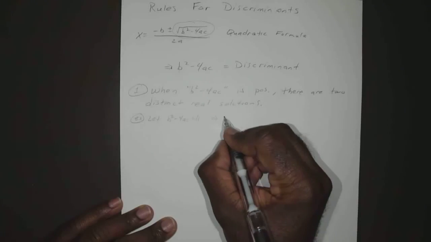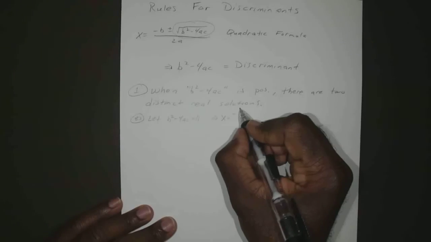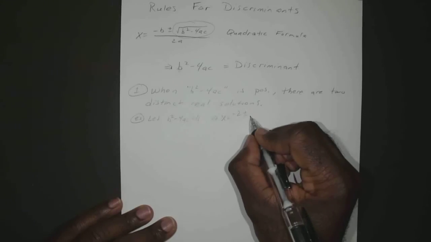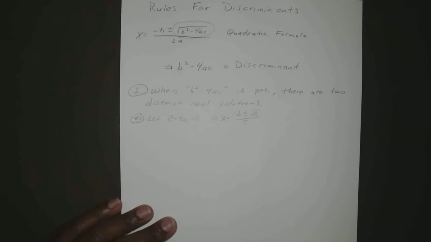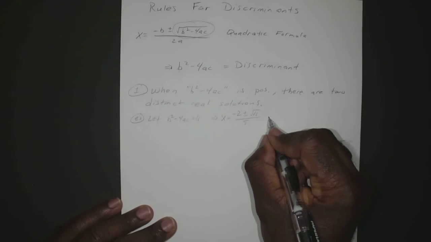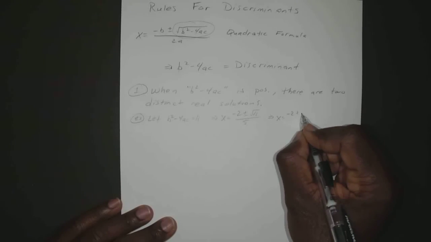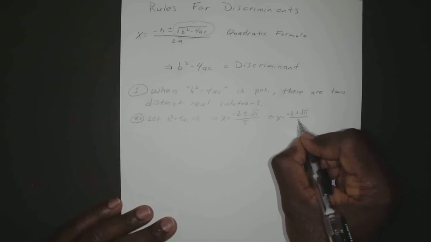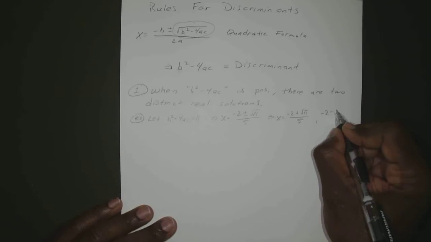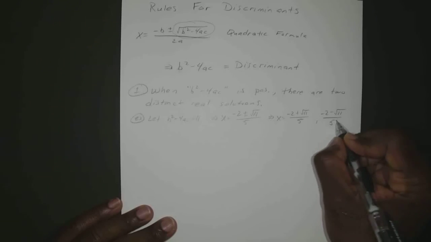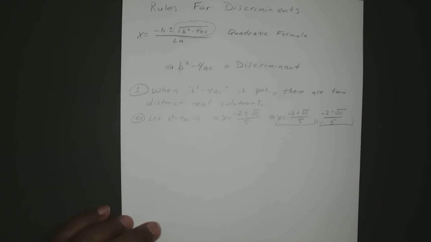So that means you have x equals negative, let's say b is equal to 2, plus or minus square root of 11 over 5. Just random numbers. That means x can equal negative 2 plus square root of 11 over 5, or it can equal negative 2 minus square root of 11 over 5. Okay, so you have two different solutions, as long as it's positive.